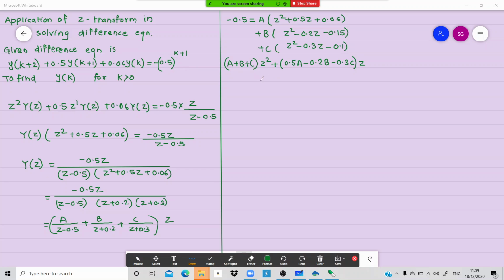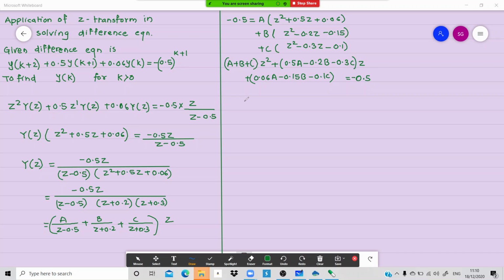And for constants, it will be plus 0.06 A minus 0.15 B minus 0.1 C, right? These are all constants, is equal to 0.5 minus.